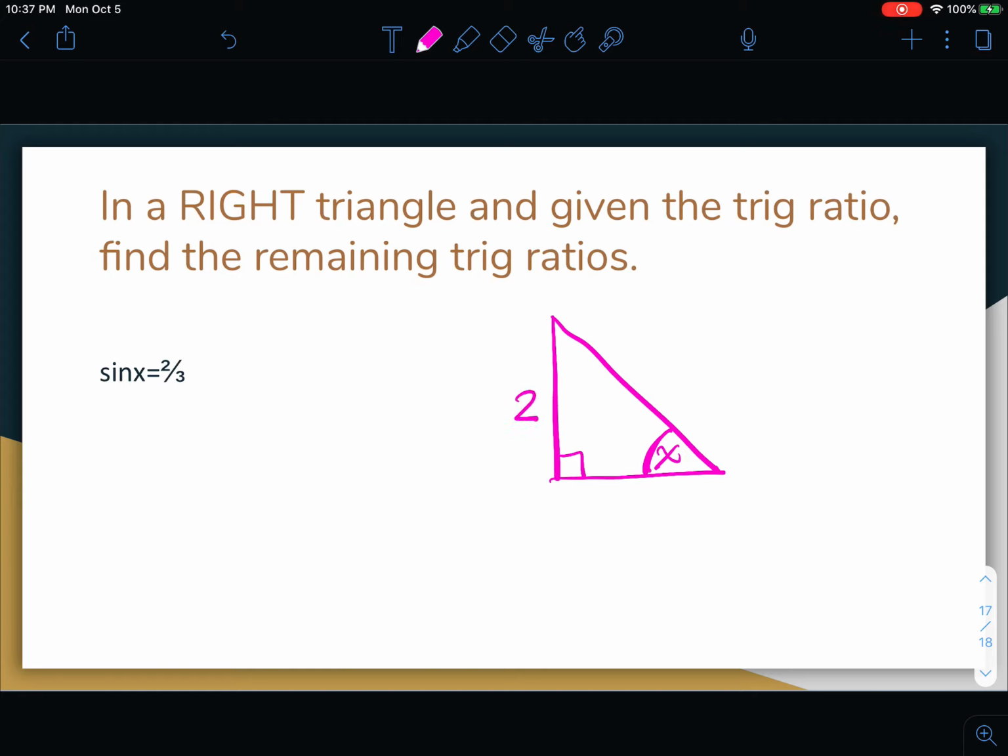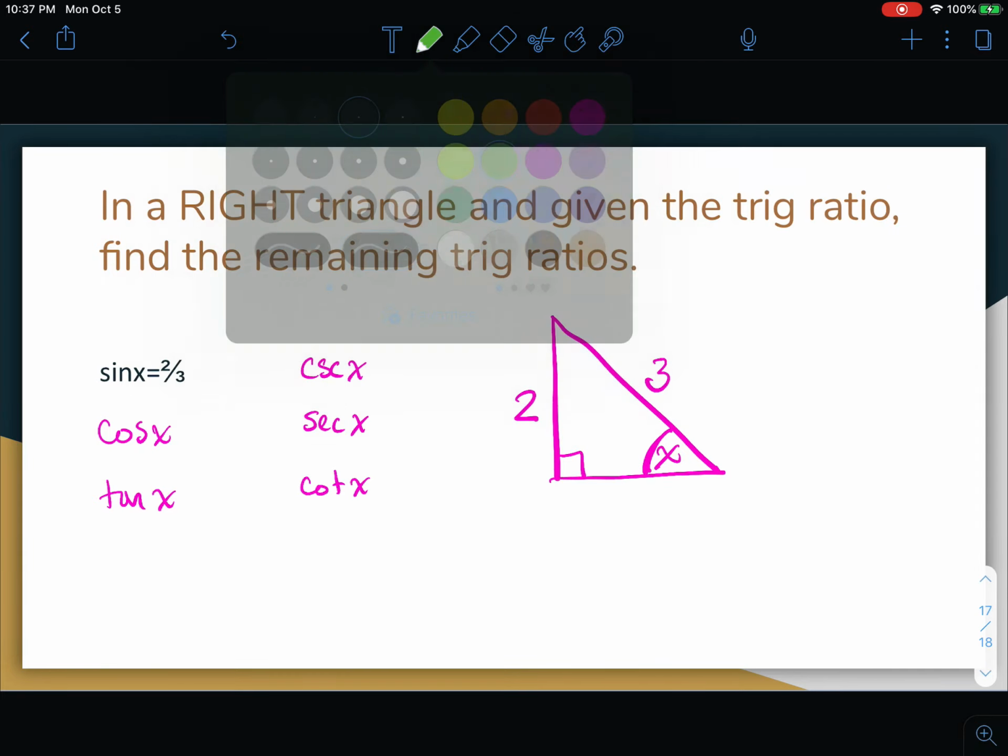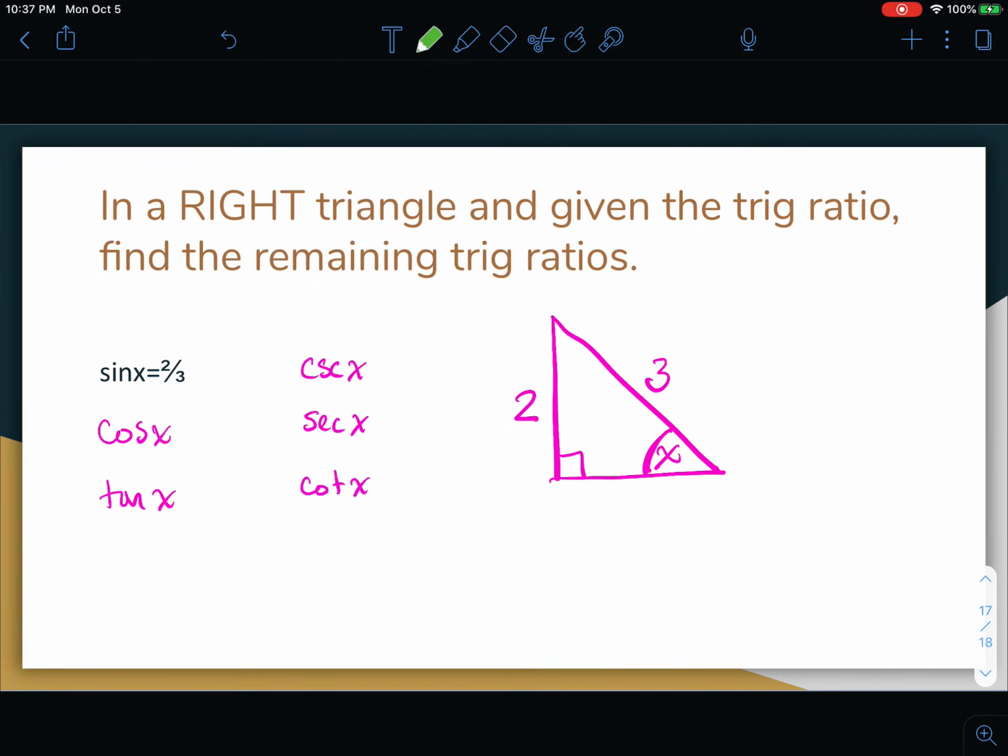With SOHCAHTOA, we know the opposite is 2, the hypotenuse is 3. Your job will be to find cosine, tangent, cosecant, secant, and cotangent.